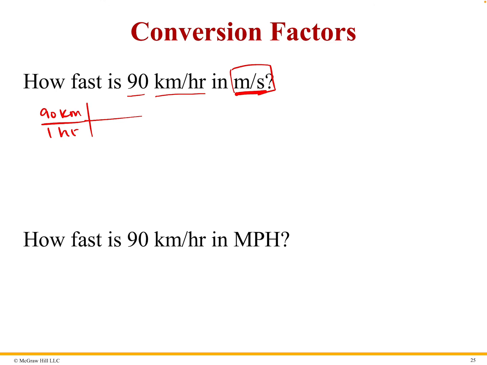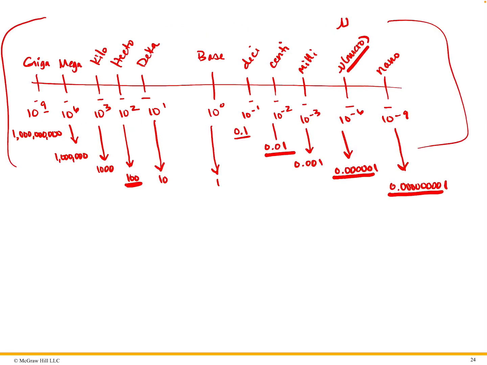All right. So I always work with the top unit first. We've got kilometers, so whatever's on the top is what you write on the bottom right of it. Then I say always go to the base unit. The base unit is here in the middle.